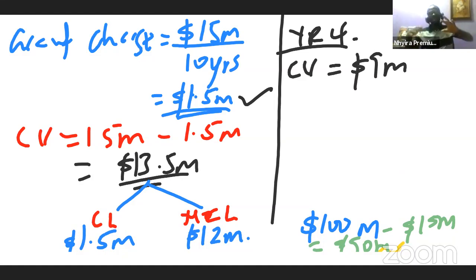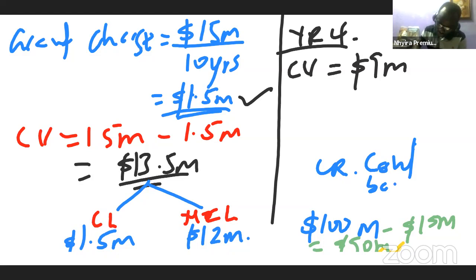So let's say we are returning the whole 15 million because we are not able to fulfill the condition. Since we are returning, we credit our cash or bank because we are losing money.